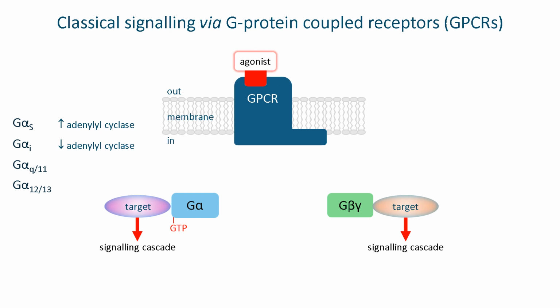G-alpha Q11 stimulates phospholipase C activity, and G-alpha 1213 stimulates the small GTPase protein known as Rho-A. Modulating the activity of these enzymes will also affect the activity of other enzymes further downstream in the signaling cascade.